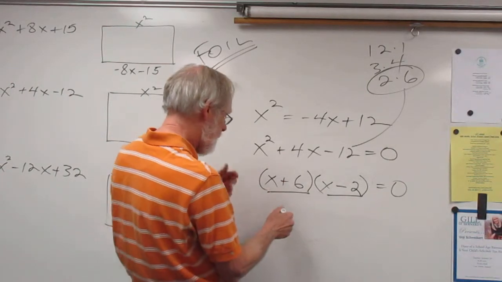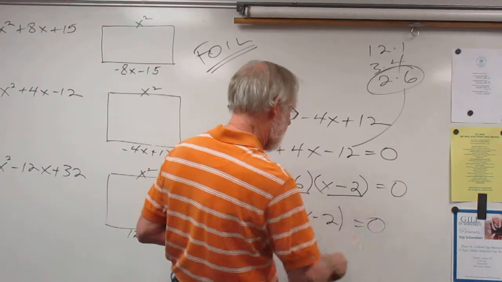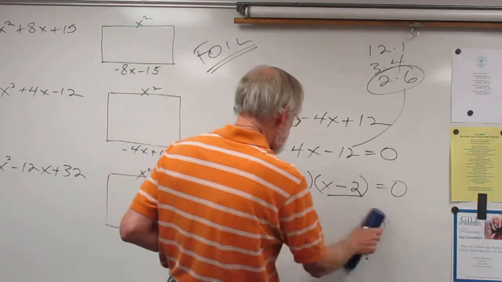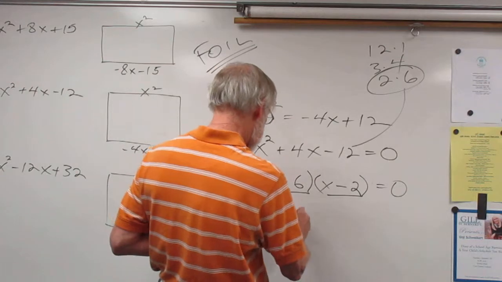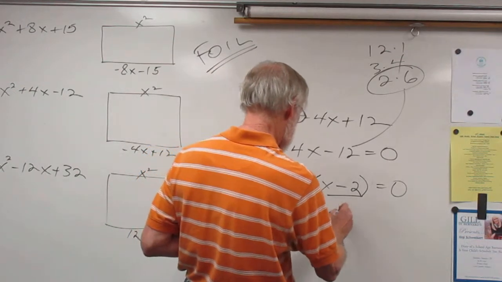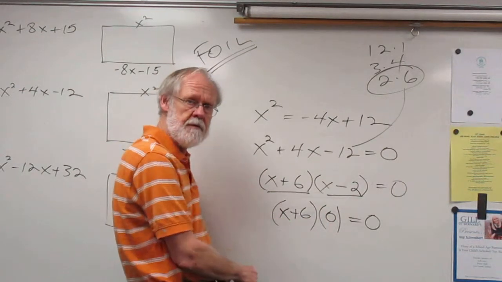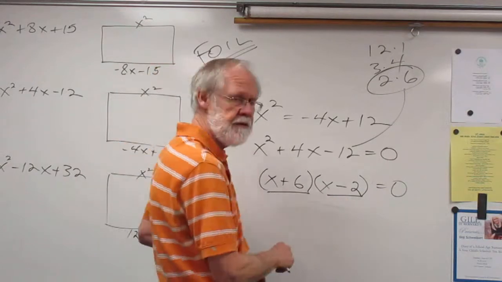If this one is 0, then I'm going to have 0 times x minus 2 equals 0, which is true, because 0 times anything is going to give you 0. If this term is 0, then I'm going to have x plus 6 times 0 equals 0, which is also true, because 0 times this is going to be 0. So one of these two has to be 0 for this to work.